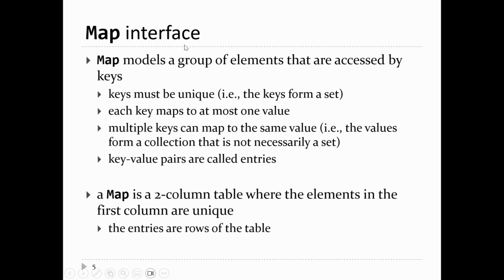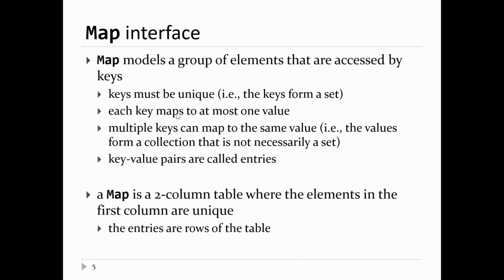All right, so maps group elements that are accessed by their keys, right? So a list groups elements that are accessed by an integer index. Right? Keys must be unique in a map, which is why it uses a set to represent the keys, right? In a list, all your indexes are unique, but that's because they're plain old integers.